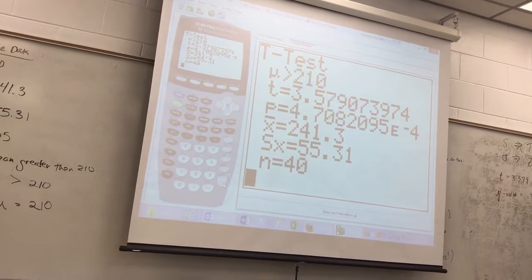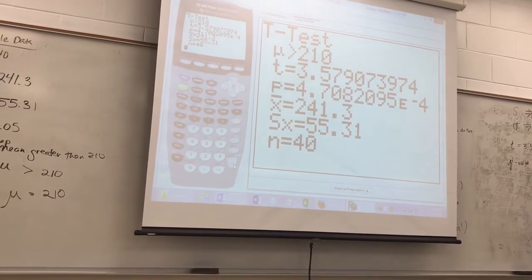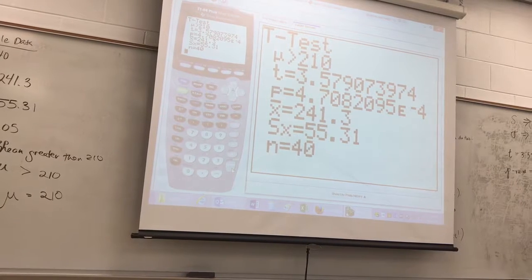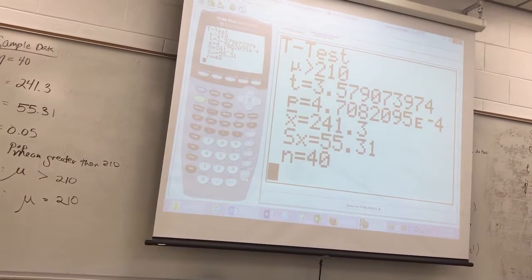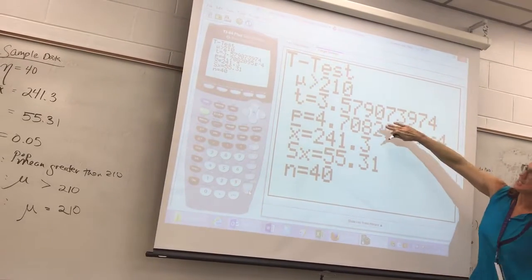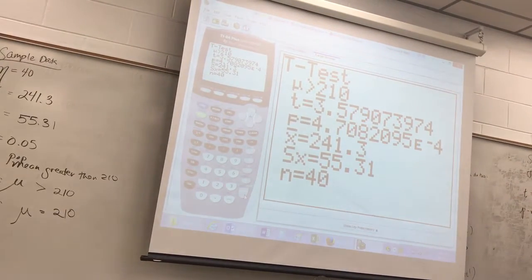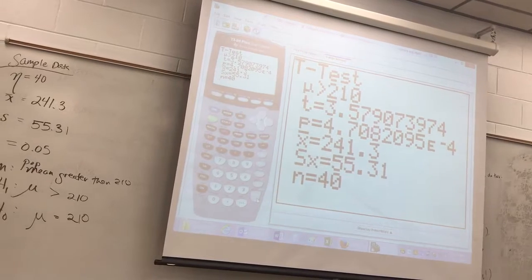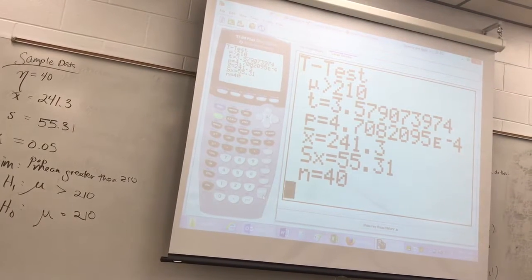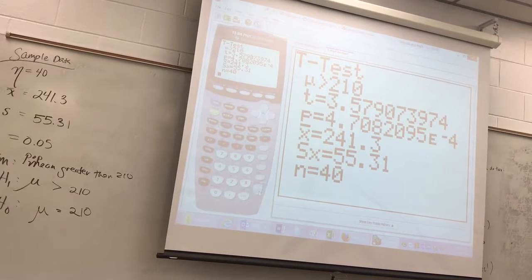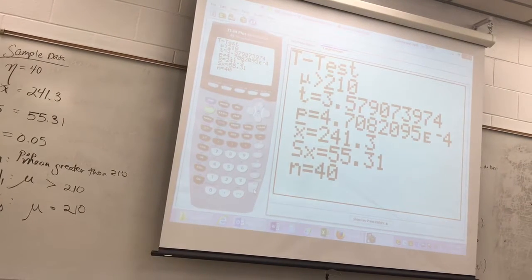No. It's 4.7 times 10 to the negative 4. That can't be 4.7 because it's a probability. So look for that. If you see a number that's bigger than 1 initially, go, ooh, that can't be, must be scientific notation. 0.00047, because if they want 3 decimal places, you'd actually want to round it down to 0.